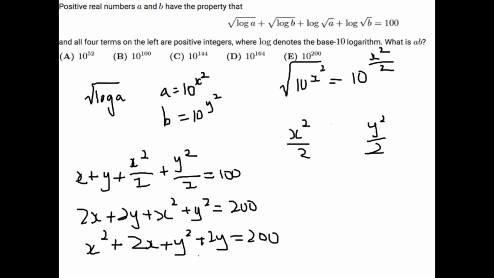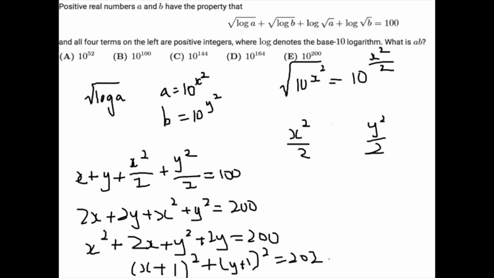Here we can make the realization that if we add 1 here and add 1 here, we can write it as (x plus 1) squared plus (y plus 1) squared is equal to 202.